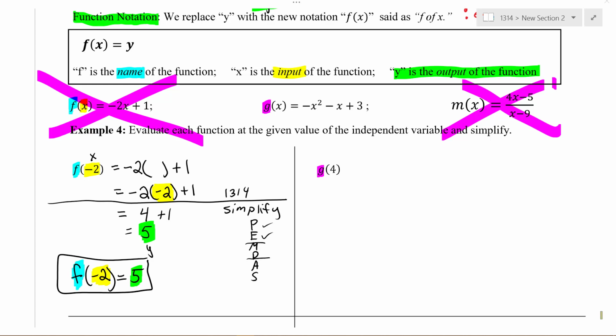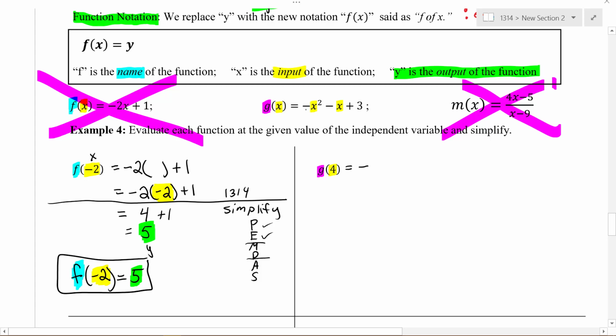Once I know what equation I'm using, I'm going to look inside of the parentheses, and I see that I am plugging into the parentheses a +4. So where the x is, instead of x, I am going to put a +4. Now I want you to think about that equation as kind of an empty function, or an empty equation, and I want you to replace x with parentheses.